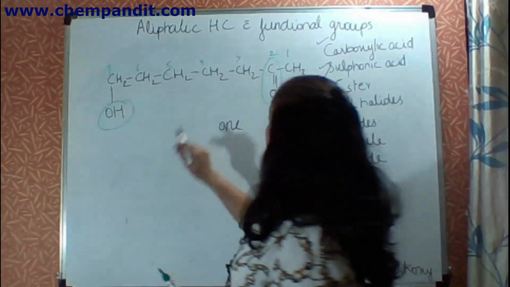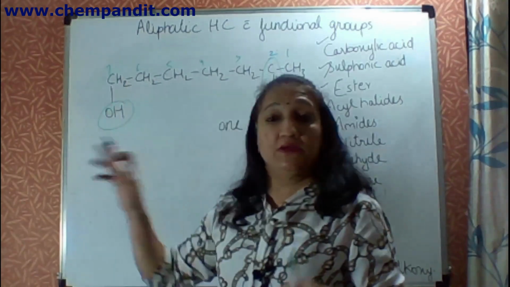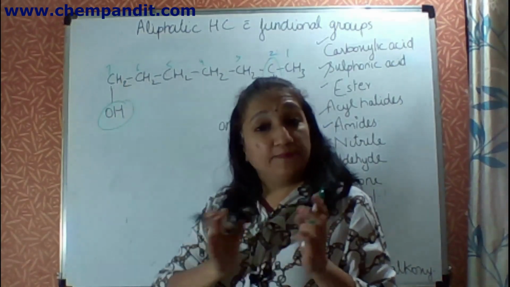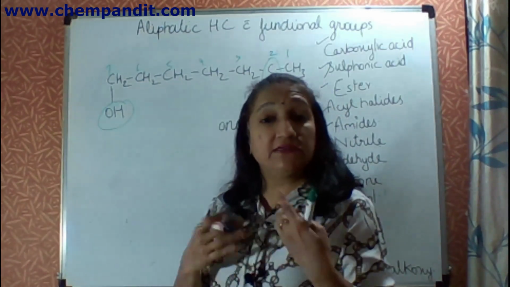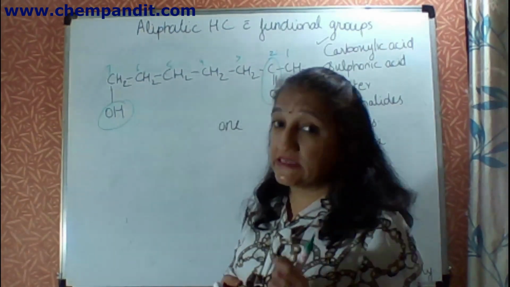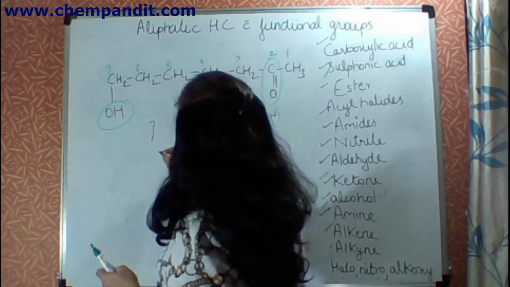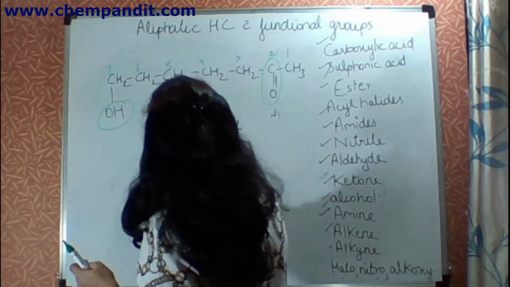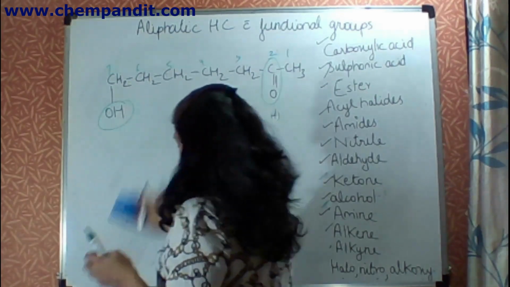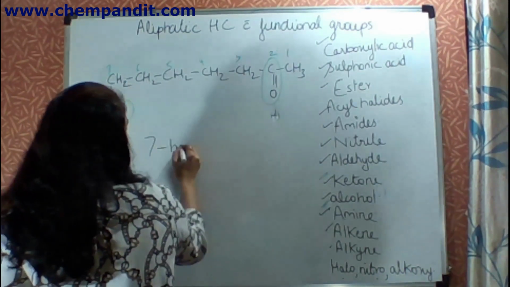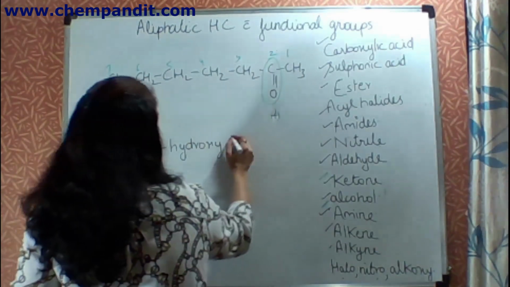Clear? So now when this is taken as the primary functional group, this hydroxyl group will become the prefix. Hydroxyl group is written as a prefix as hydroxy. Always remember, the position is 7. The name of the compound will become 7-hydroxy. There are 7 carbon atoms.